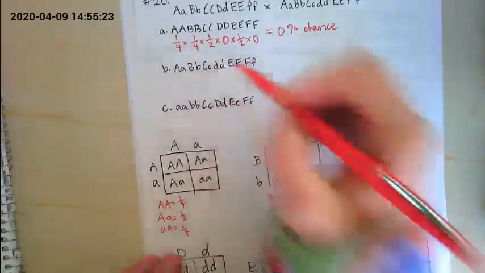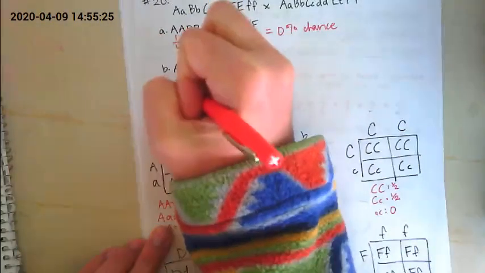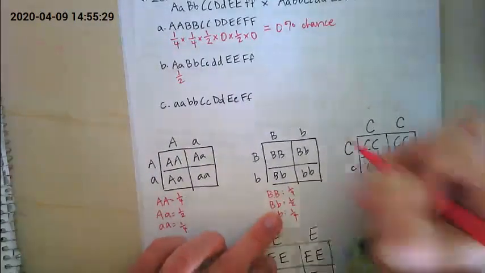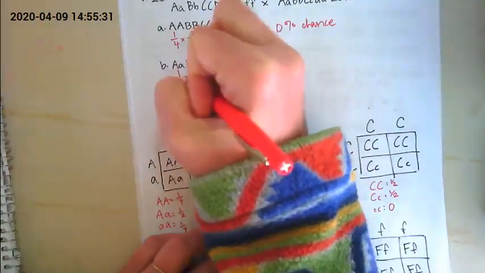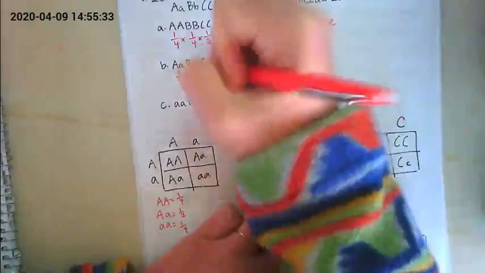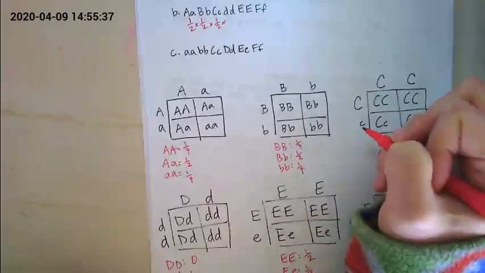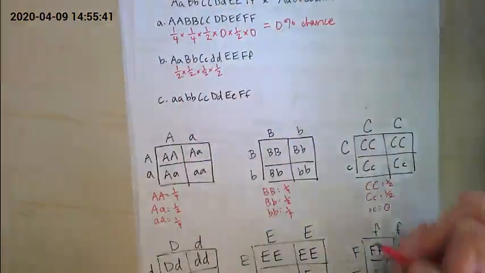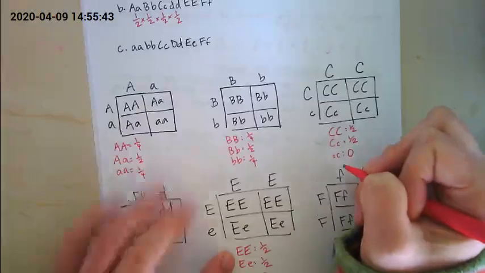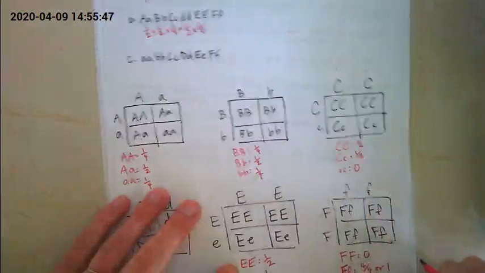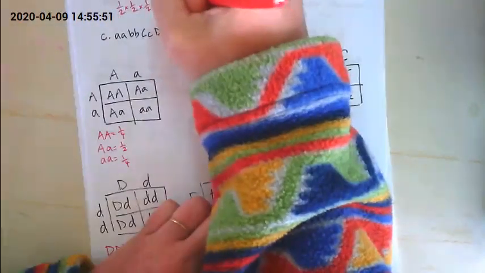What are the odds that they're gonna have this kid? So we've got 1/2 chance for heterozygous A's. We got a 1/2 chance for heterozygous B's, a 1/2 chance for heterozygous C's. Homozygous recessive D's, also 1/2. Homozygous dominant E, oh my gosh, 1/2. Then heterozygous F's, 1.